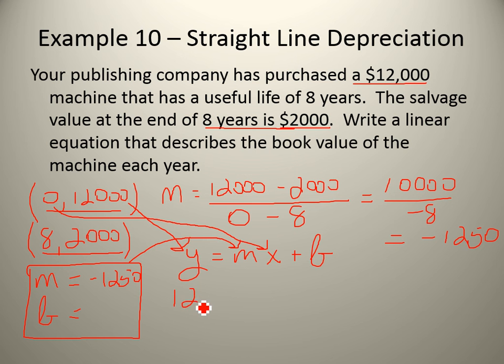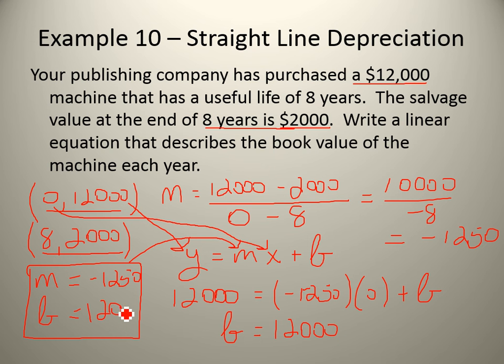So I get 12,000 = -1250 times 0 plus b. Negative 1250 times 0 is 0, so the value of b is just 12,000.